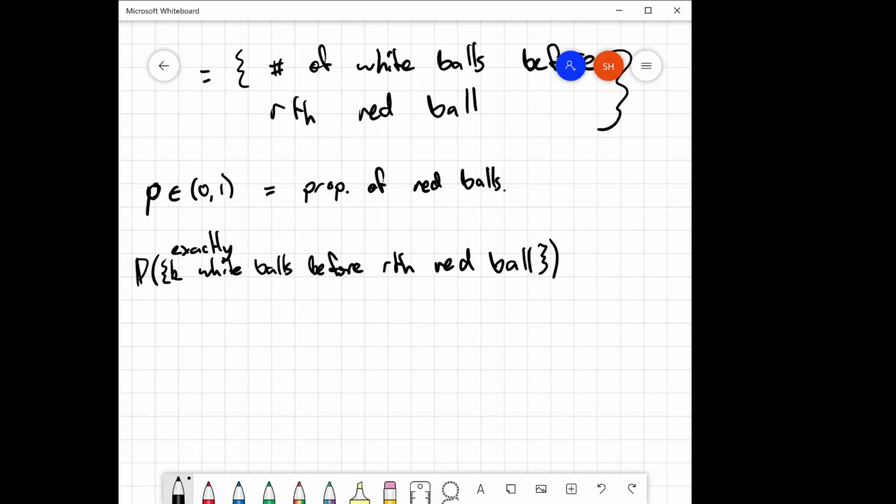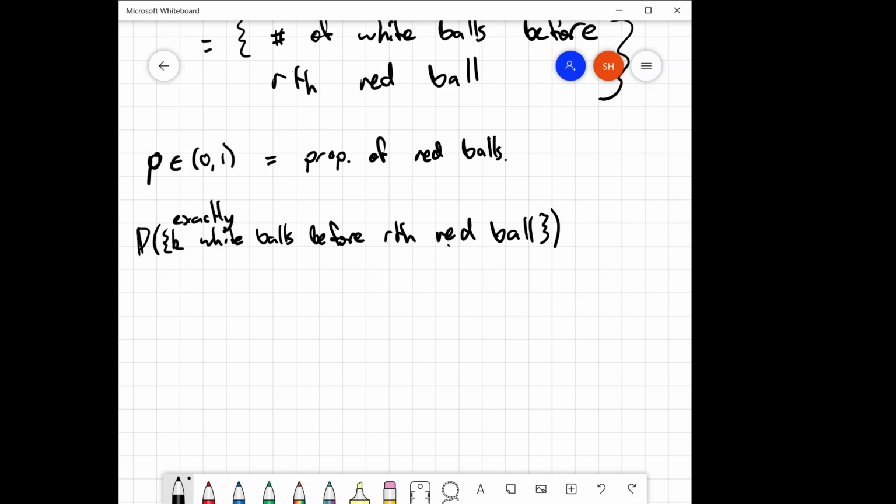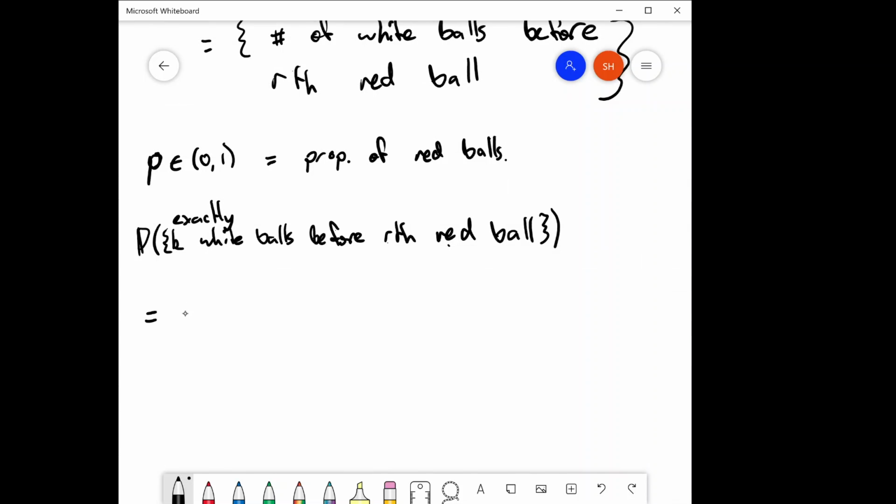Well, in this case, you're going to be picking r plus k minus 1 balls, k of which are white, and then you're going to pick up your r plus kth ball as a red one. Just saying that in words, you're going to be picking k white balls out of r plus k minus 1, so this will use the binomial distribution.